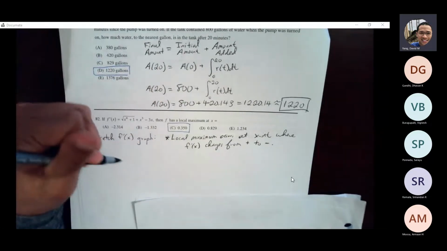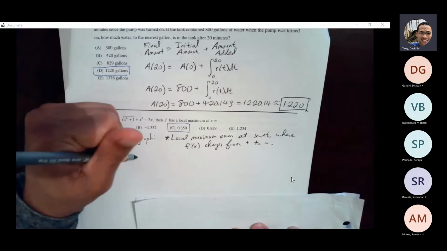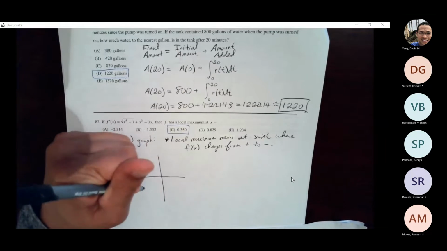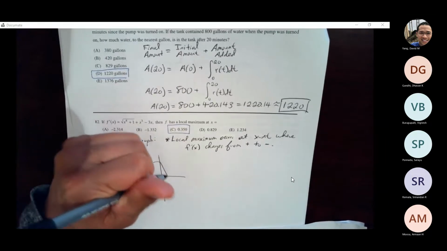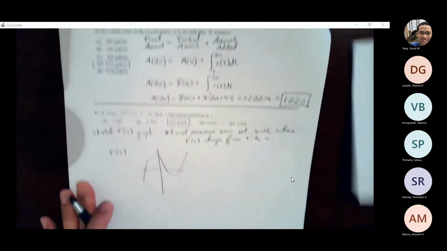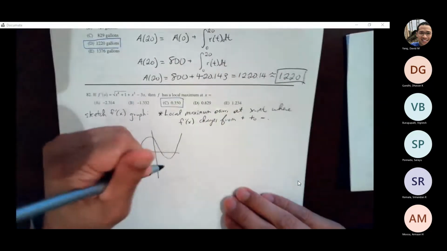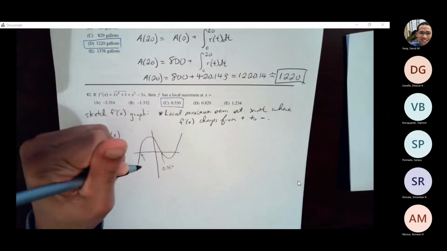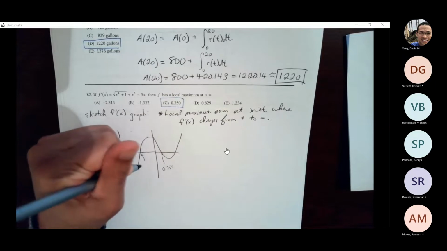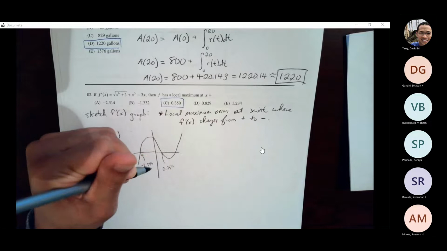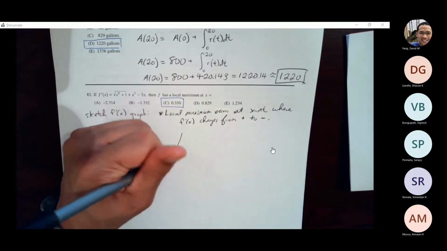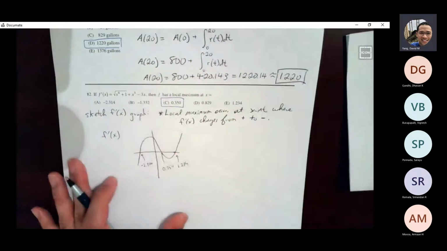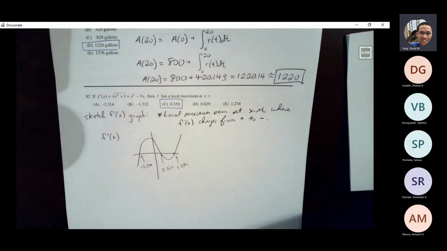Okay, so this is what the f prime graph looks like if you were to put it into your calculator. So we know it's going to be an x-intercept, but how do you know which one is the local maximum?